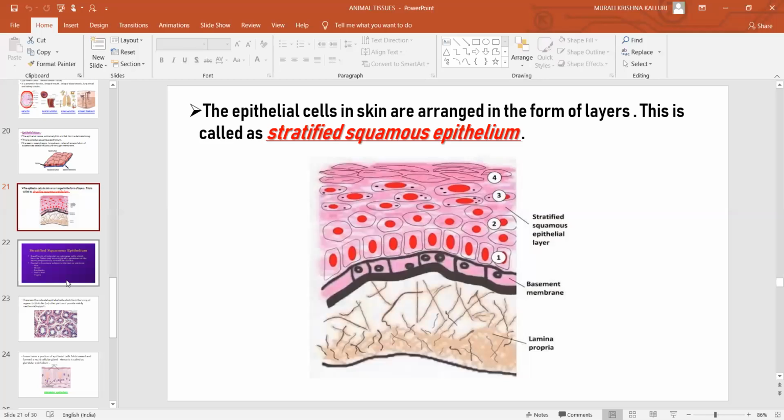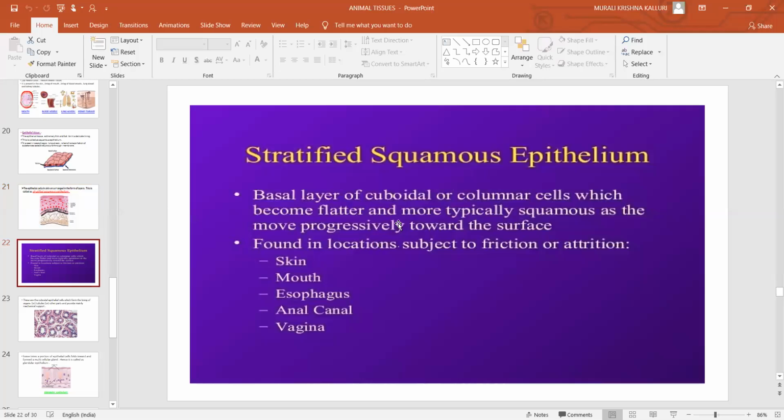This is also stratified squamous epithelium tissue. It becomes flatter and more squamous as the cells move progressively toward the surface of the animal body.